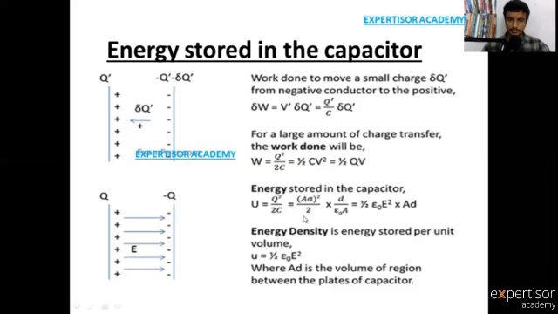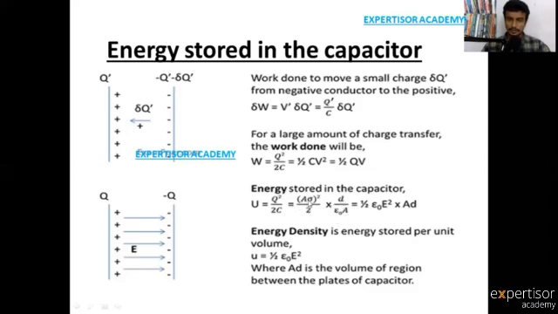In place of C, you have to substitute the capacitance of a parallel plate capacitor, that is C is equal to epsilon naught A by d. This is the denominator term, so we multiply by d divided by epsilon naught A.